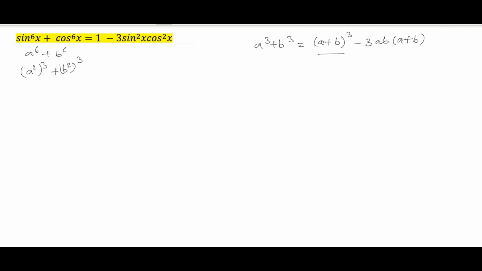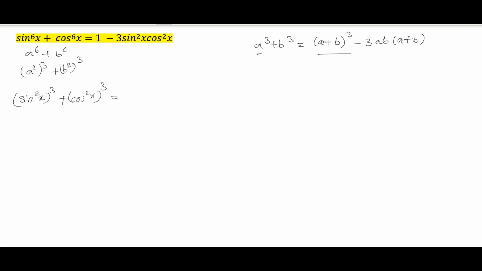This is the formula we are going to use here. So this sine power 6 x is now like sine square x whole power 3 plus cos square x whole power 3. So in place of a, we have sine square x, and in place of b, it's cos square x.